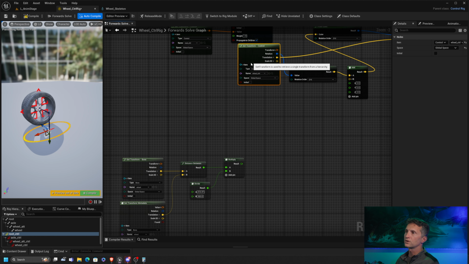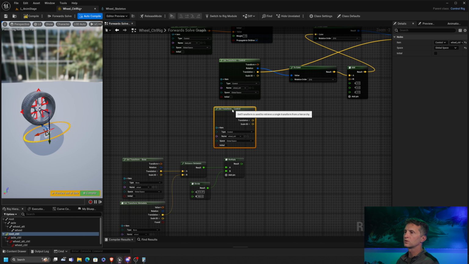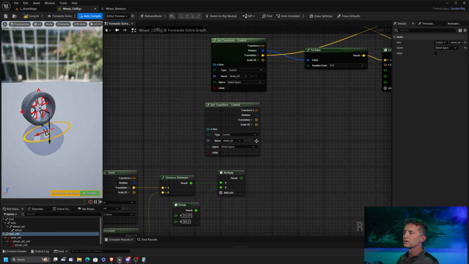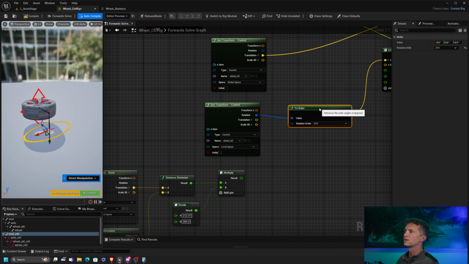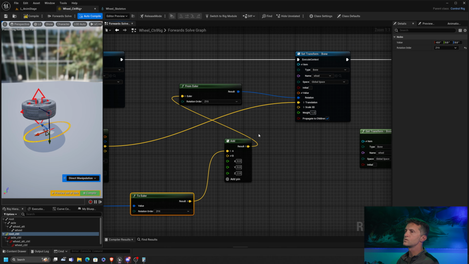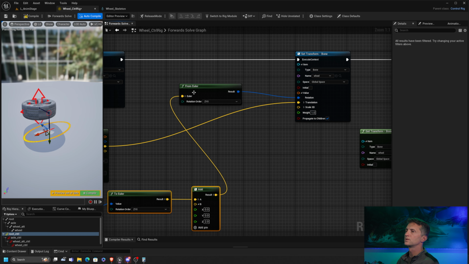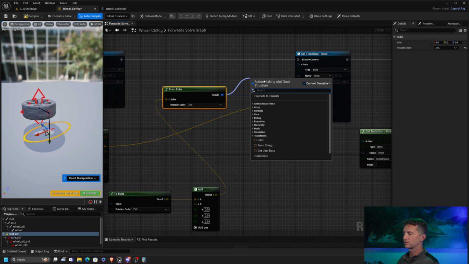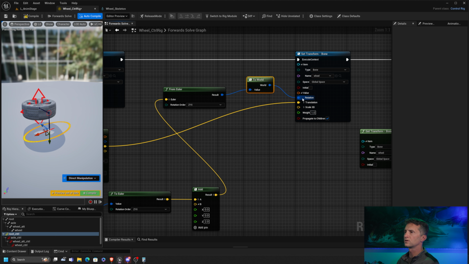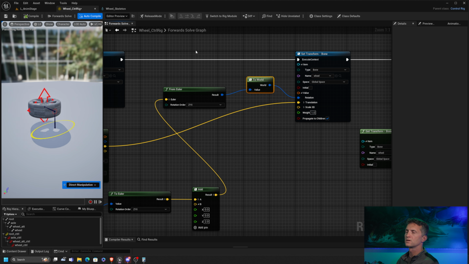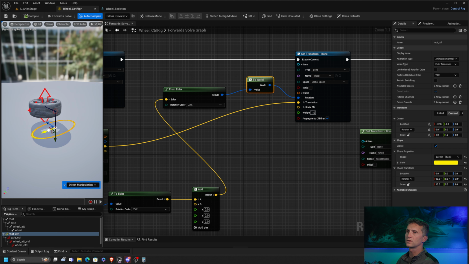So let's also get this in local space, and then that is what we're going to feed in here. And then from Euler, and let's go to global space, to world. Can we just do that? No, that doesn't work. Okay, hold on. And it's still not rotating.